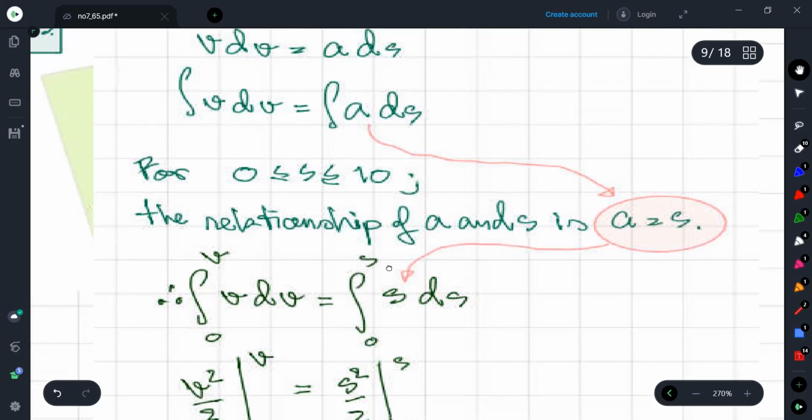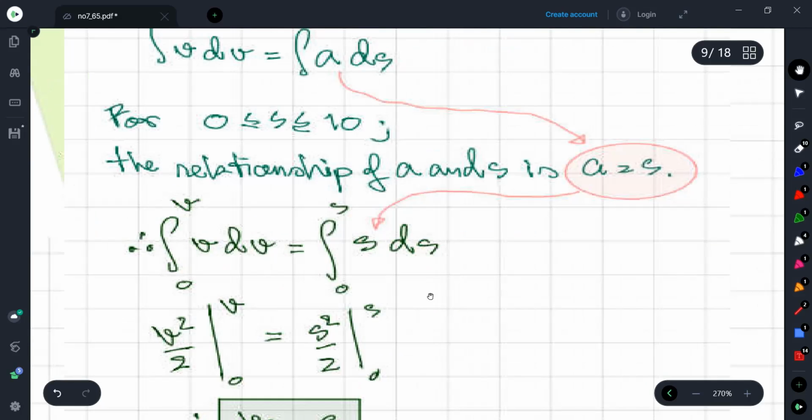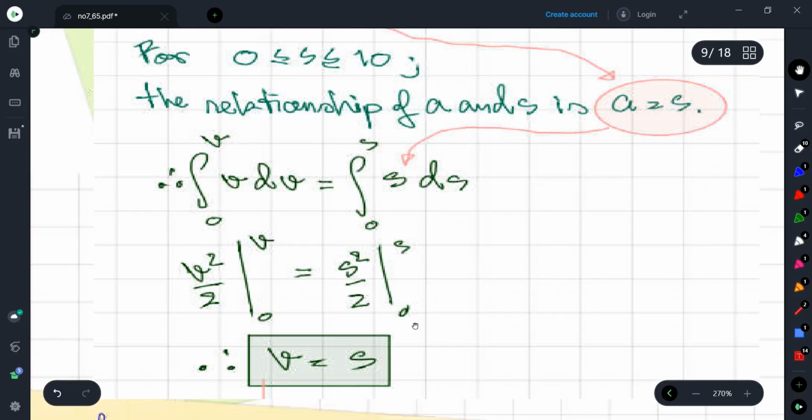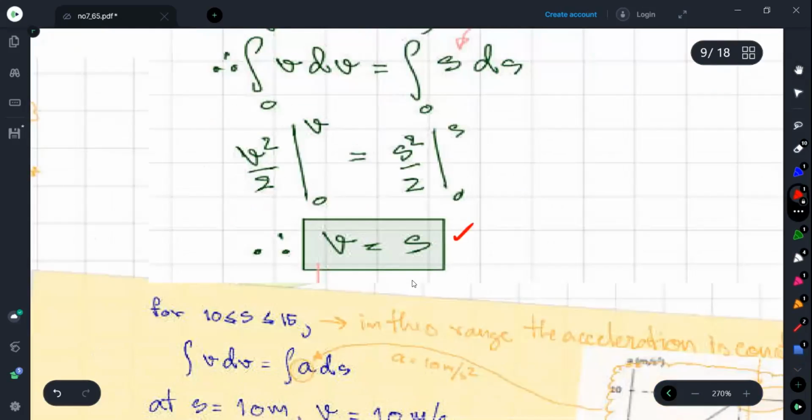For the first period, S is greater than 0 and less than 10, and the relationship of A and S is A equals S. Substitute A equals S on the right hand side and integrate both sides. We obtain that V equals S.